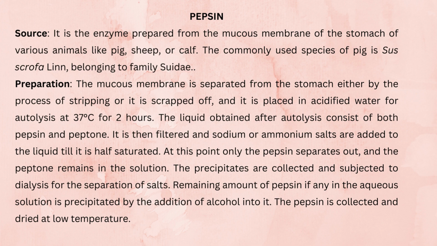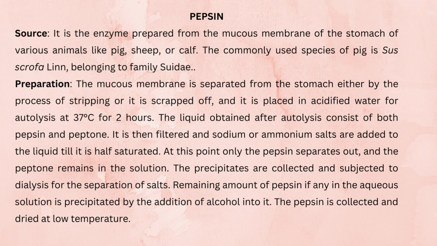After the autolysis is completed, the liquid contains the enzyme peptone and pepsin. It is filtered and treated with either sodium or ammonium salt until it becomes half saturated. At this point only, the enzyme pepsin will separate out away from the peptone. Peptone will remain in the solution.